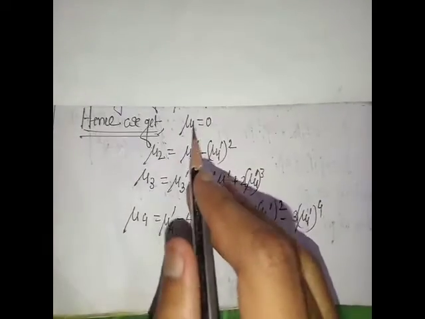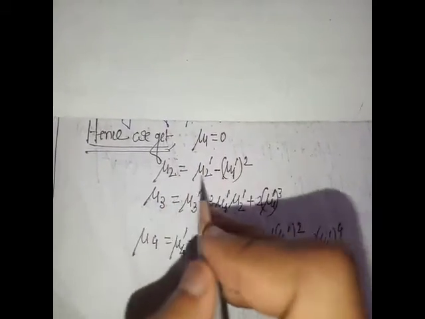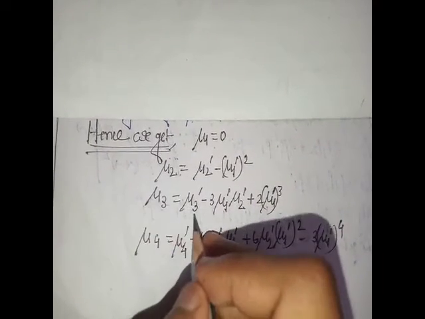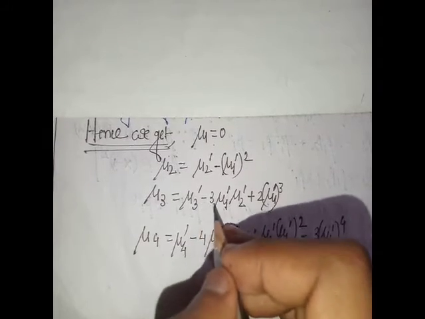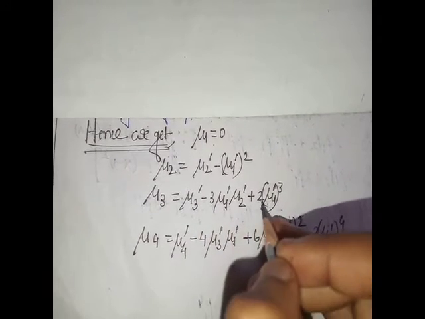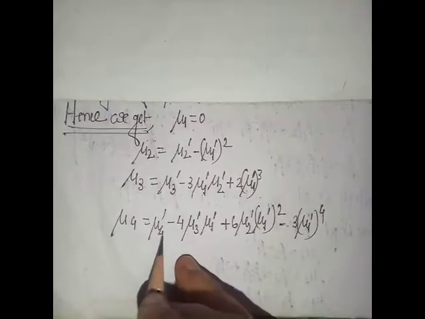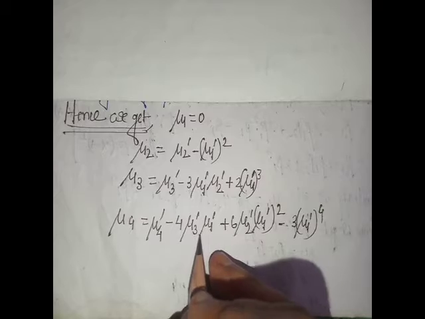Hence we get mu 1 equal to 0, mu 2 equal to mu 2 dash minus mu 1 dash square, mu 3 equal to mu 3 dash minus 3 mu 1 dash into mu 2 dash plus 2 mu 1 dash whole cube, and mu 4 equal to mu 4 dash minus 4 into mu 3 dash into mu 1 dash plus 6 into mu 2 dash into mu 1 dash square minus 3 into mu 1 dash whole to the power 4.